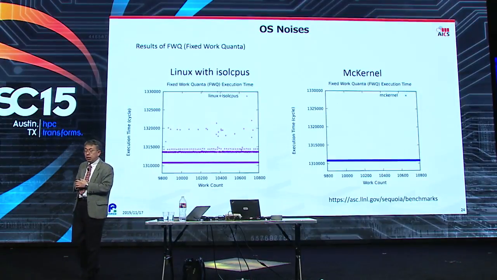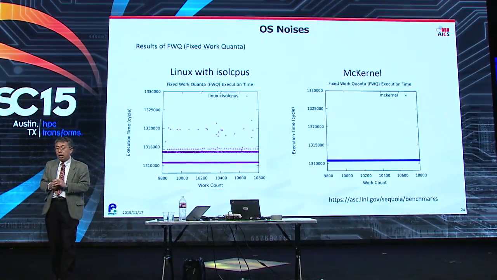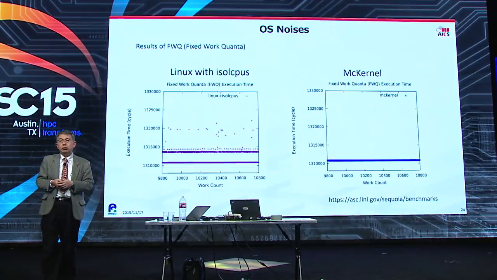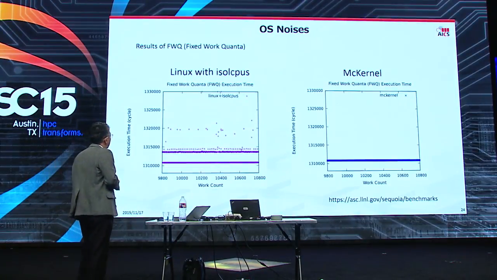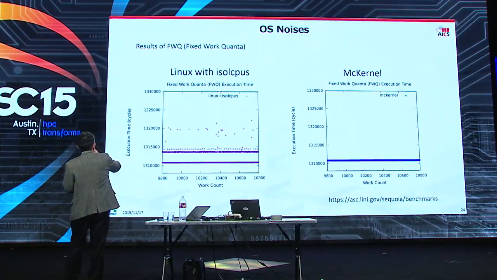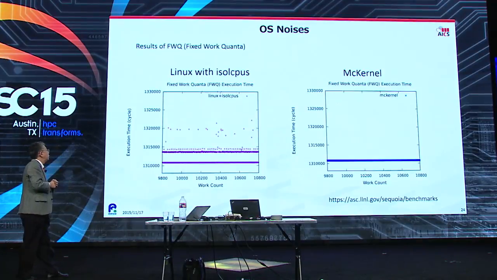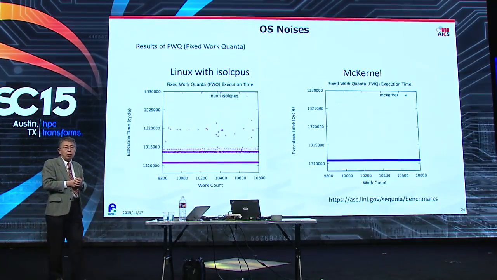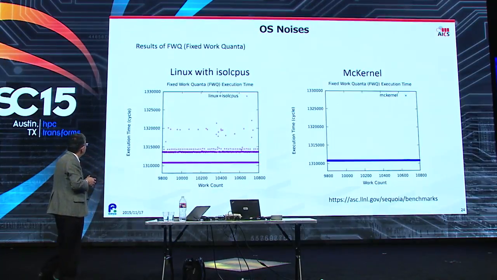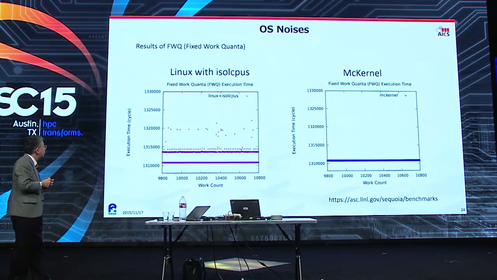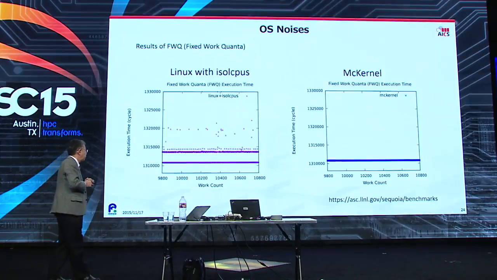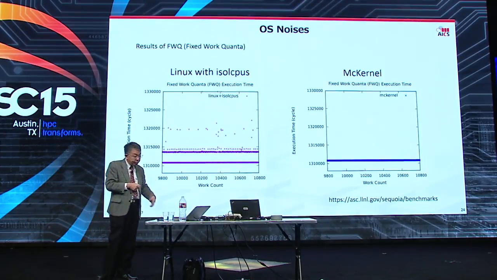So this slide shows how OS noise is eliminated in our lightweight kernel. The left-hand side is Linux with isolated CPUs, and the right-hand side is McKernel's results. We took FWQ, distributed by Lawrence Livermore.